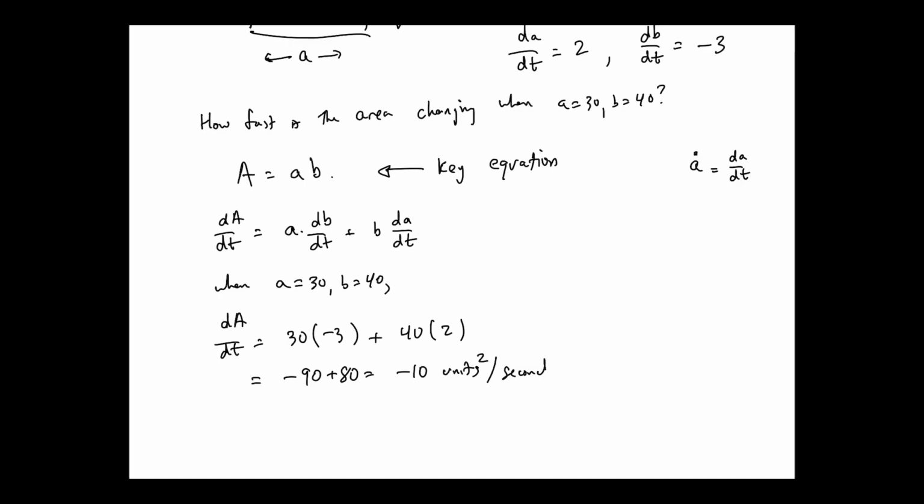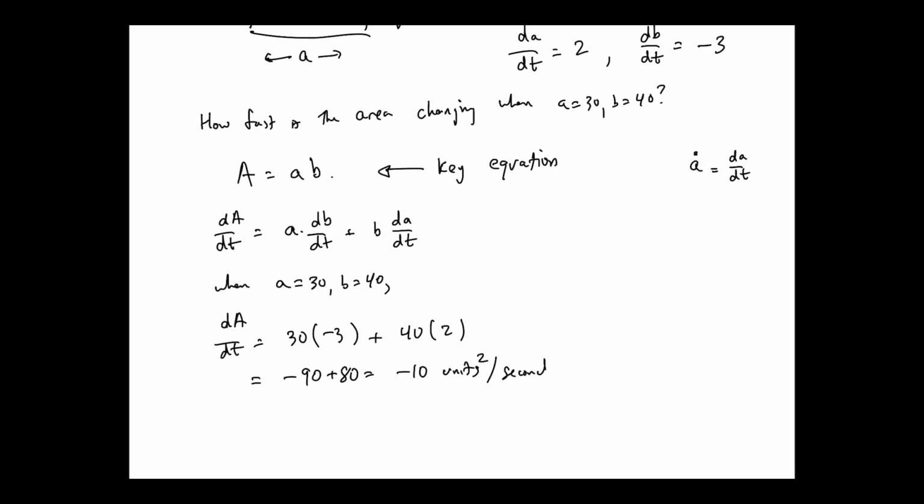All right, now let's be clear. Why is it square units per second and not units per second? First off, it has to be. We're talking about a rate at which an area changes. Area is measured in square units, and time is measured in seconds or whatever. Another way to think about it is, if I go back up to my equation, A times dB dt, what's A? It's units times units per second, which is square units per second. Same thing for the B dA dt term, and then I add those together.